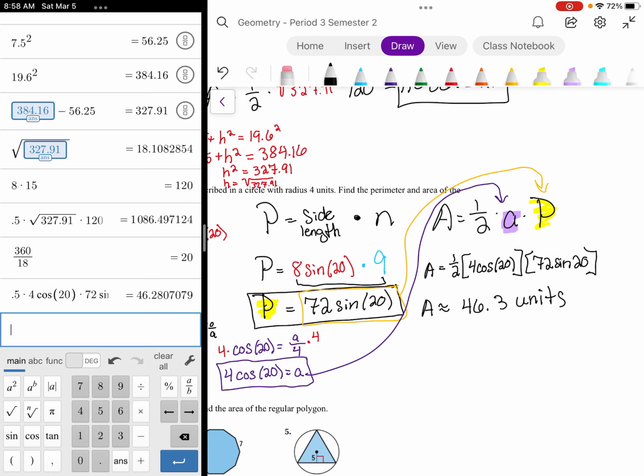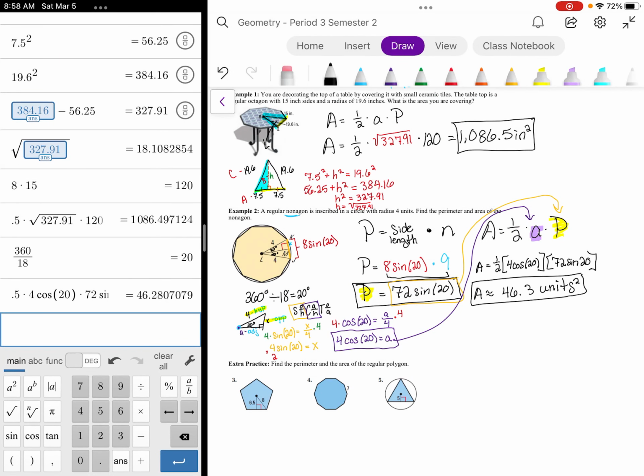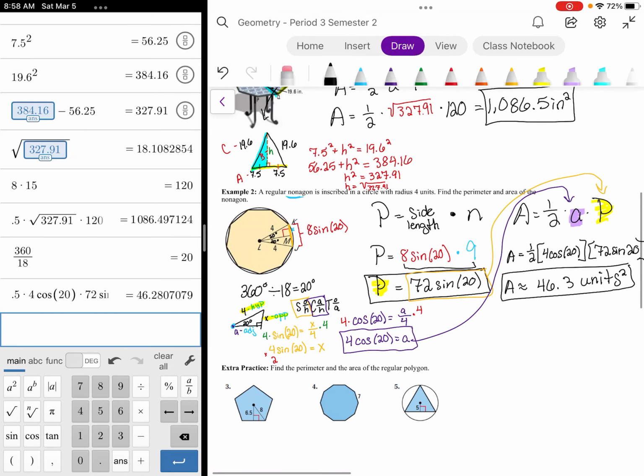So this problem was quite a bit of work. But if this was a problem on a test, for example, you would get a point for finding the side length, a point for the perimeter, a point for the apothem, and then a point for your area.